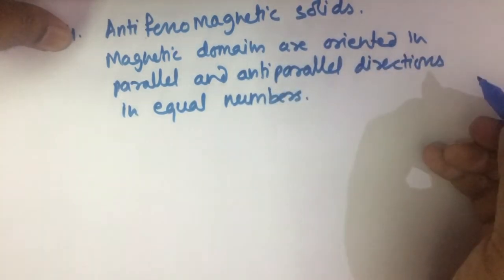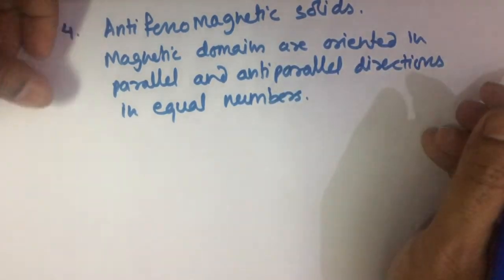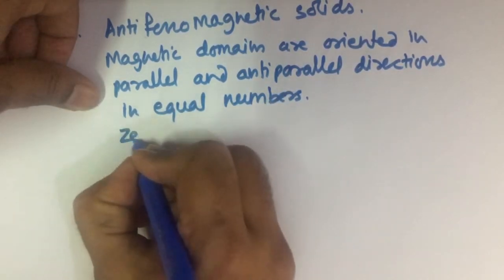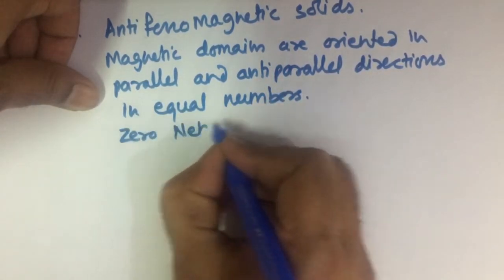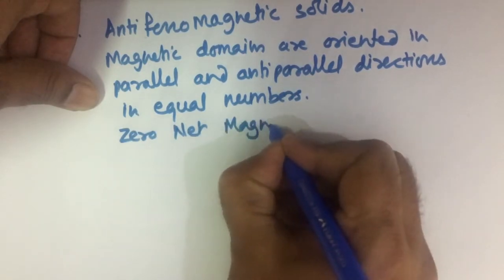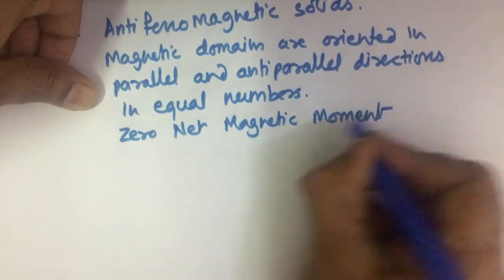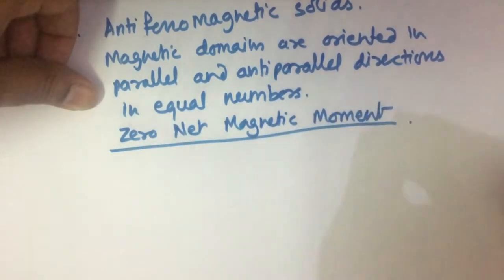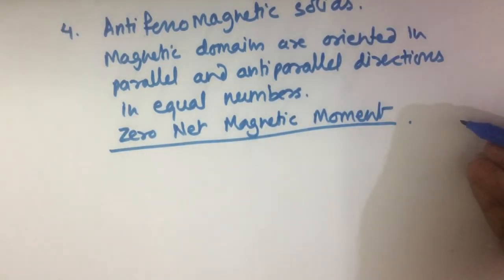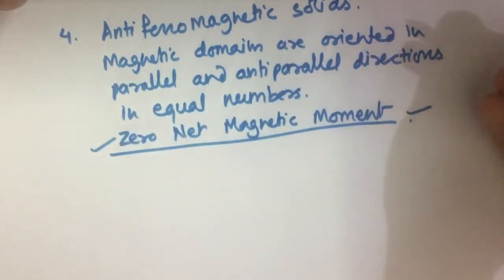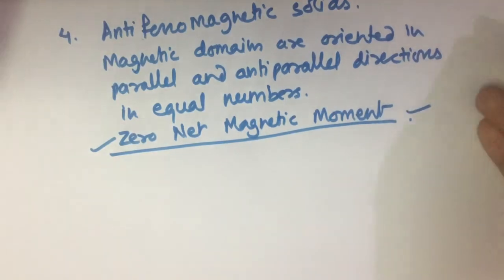So these domains cancel out the magnetic moment of each other, giving rise to zero net magnetic moment. Zero net magnetic moment doesn't mean that they are diamagnetic. They have unpaired electrons, but their magnetic moments cancel each other.